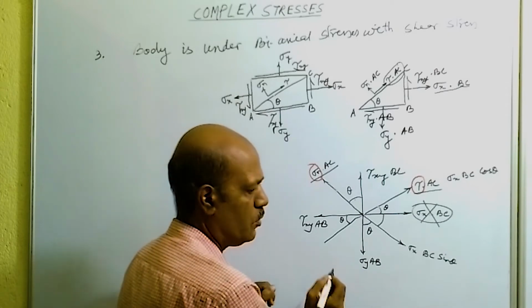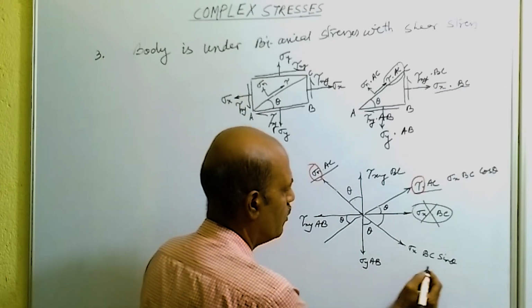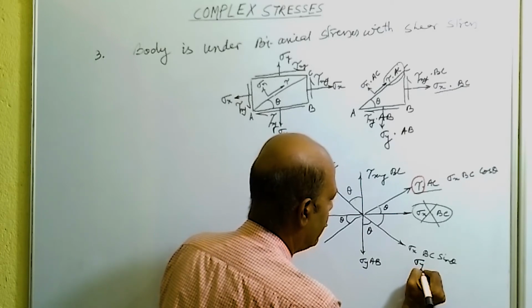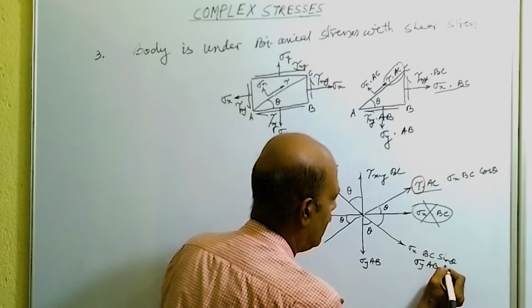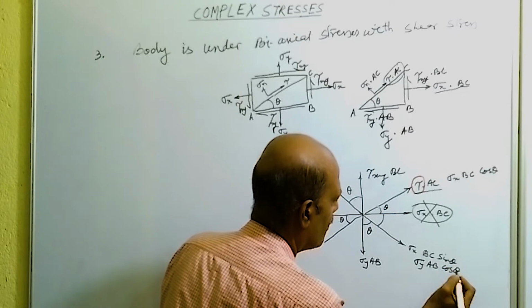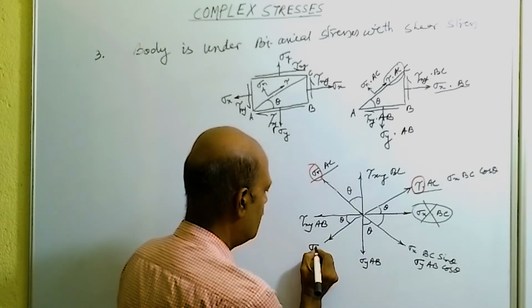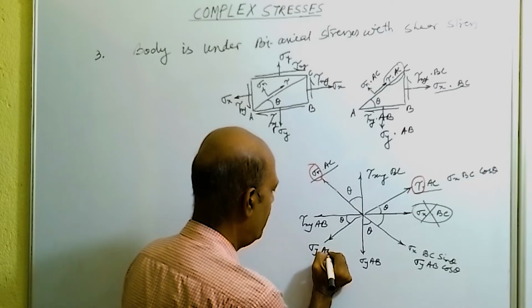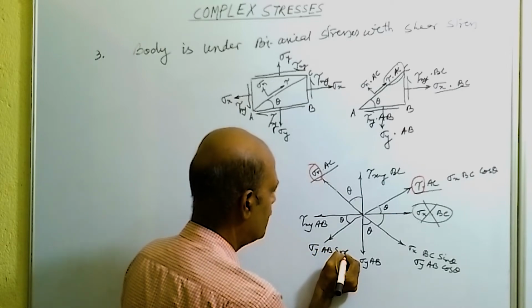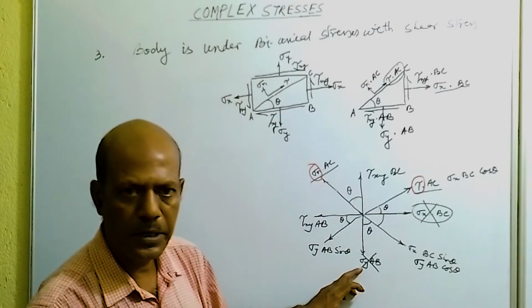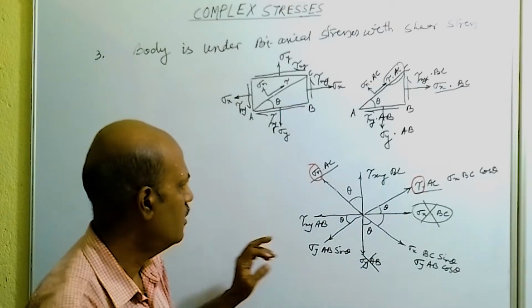Now take this force, sigma y into AB. Along this direction it will be sigma y AB cos theta, and along this direction it will be sigma y AB sin theta. So we are cancelling this force because it is already resolved into two components.